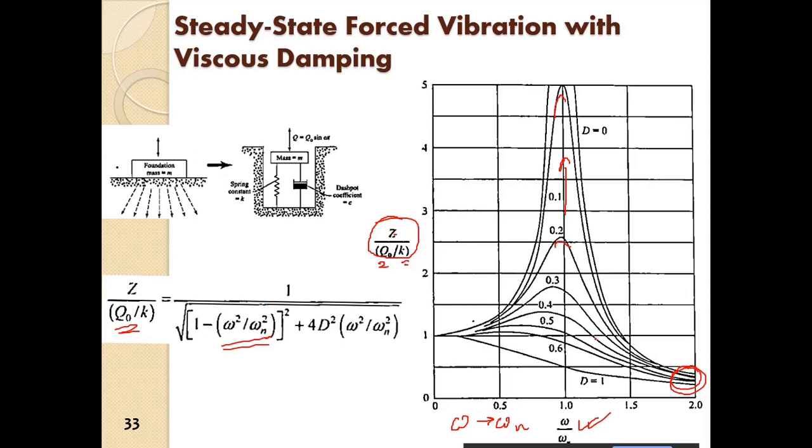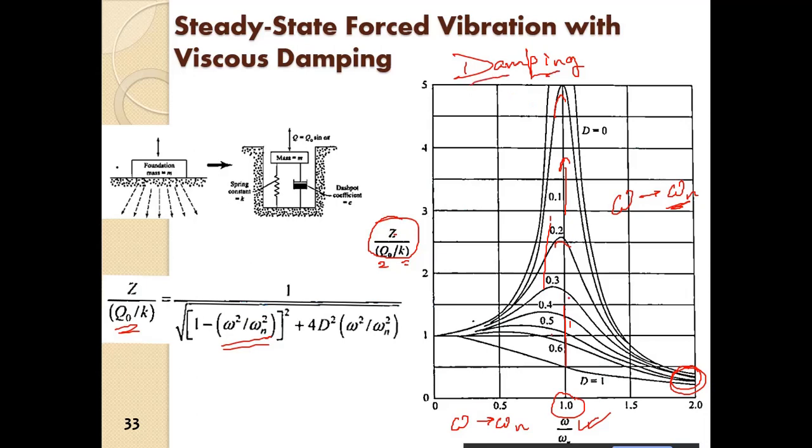Now in that range, if you see the effect of the damping, it is much lower compared to what it is in the resonant case. So damping comes into play when the system is operating near the resonant frequency. When the operational frequency omega of the machine is equal to the natural frequency of the system, then there is the problem, and damping comes into play.